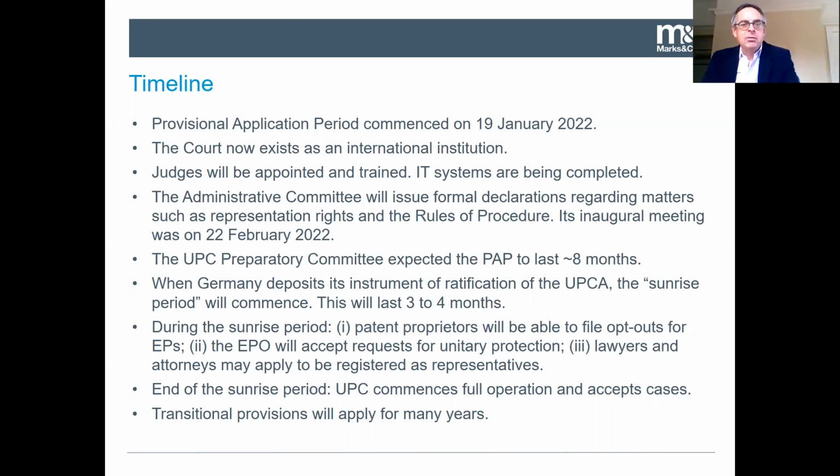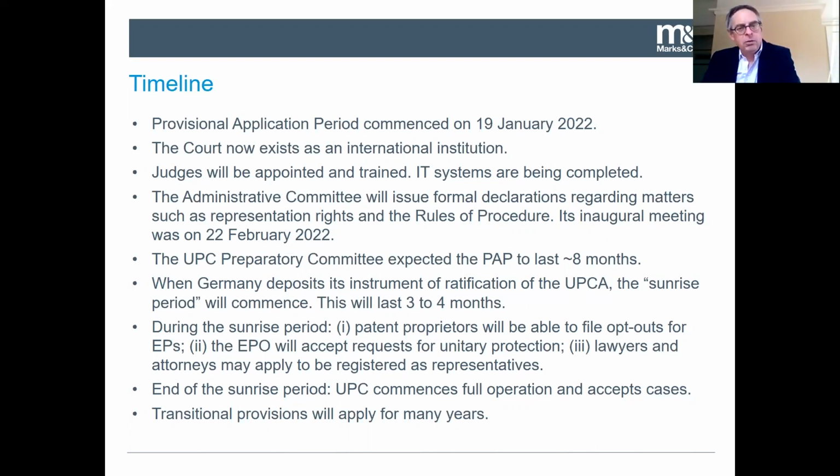So, when everything is ready, all that needs to happen is for Germany to deposit its instrument of ratification of the UPC agreement. Germany has already passed the legislation through its own parliament, so the ratification is effectively done. It just needs the formality of depositing the instrument of ratification, and so Germany can do that whenever it wants, and it will hold that back until everyone is ready.